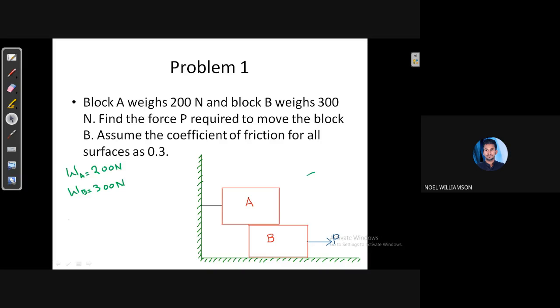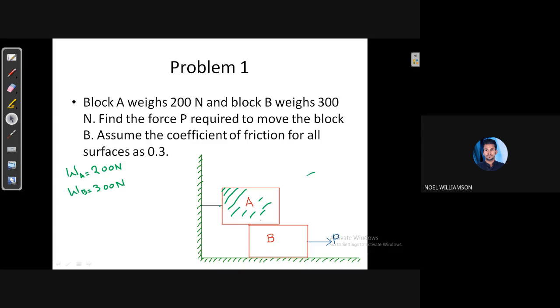So, mu is a property of the surface. Here you can see where the contact surfaces are. These are the contact surfaces. Here you have a block A. Block A is connected to the vertical wall by a string like this.